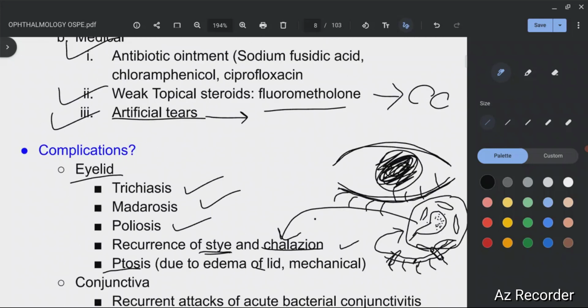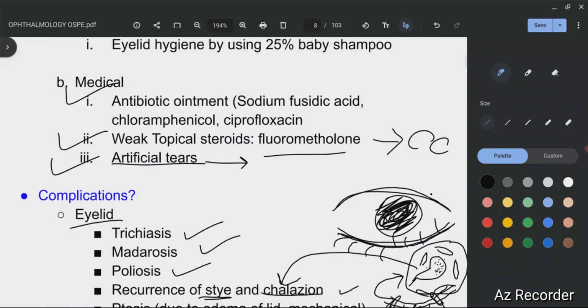So important. Why do we have these corneal complications? There are two reasons for this. Number one, because you are disturbing your tear film. When you disturb the tear film, you are getting towards corneal ulcer.